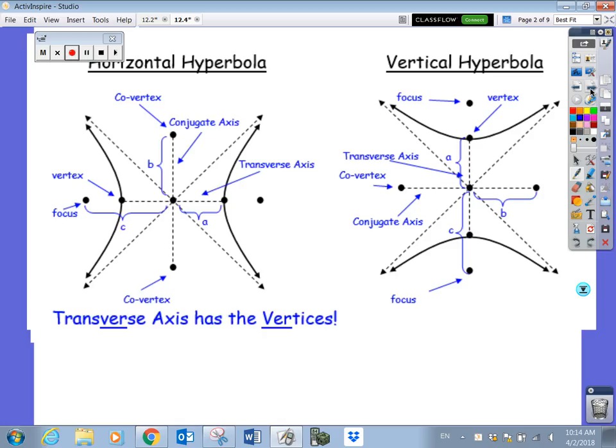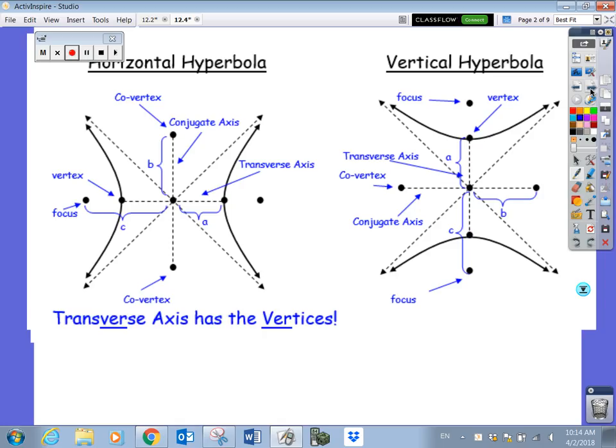It does not mean it's the longer one. That's only ellipses with major and minor. Transverse can be the longer or the shorter. It just contains the vertices, and the conjugate is the other one. And really what the conjugate and transverse axis are going to help us do is draw our asymptotes in a minute.